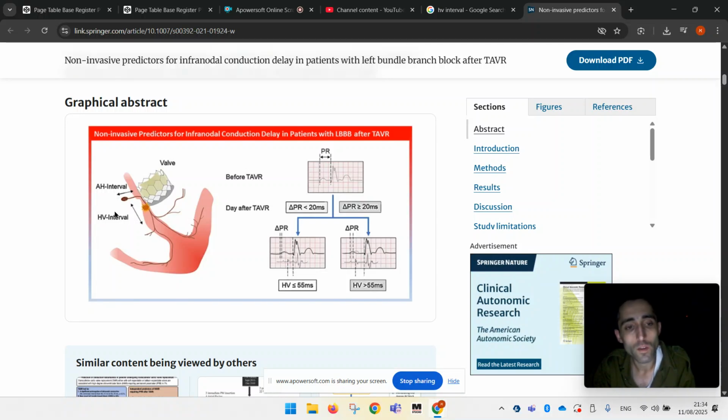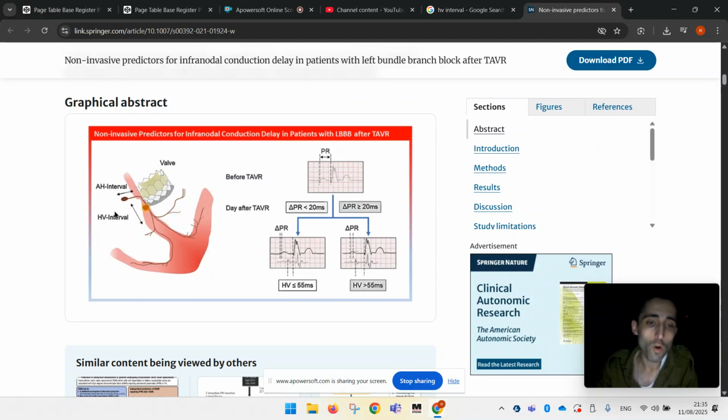You need to understand that when the HV interval is more than 100 milliseconds, there is a very high risk that the patient will suddenly develop a high degree block, namely Mobitz 2 or complete block. So this is the high risk of those patients with very prolonged HV interval.